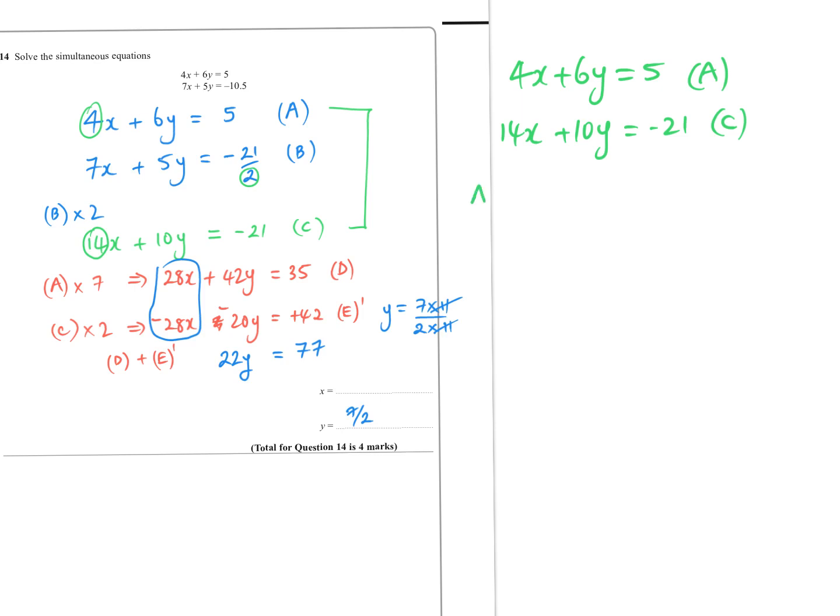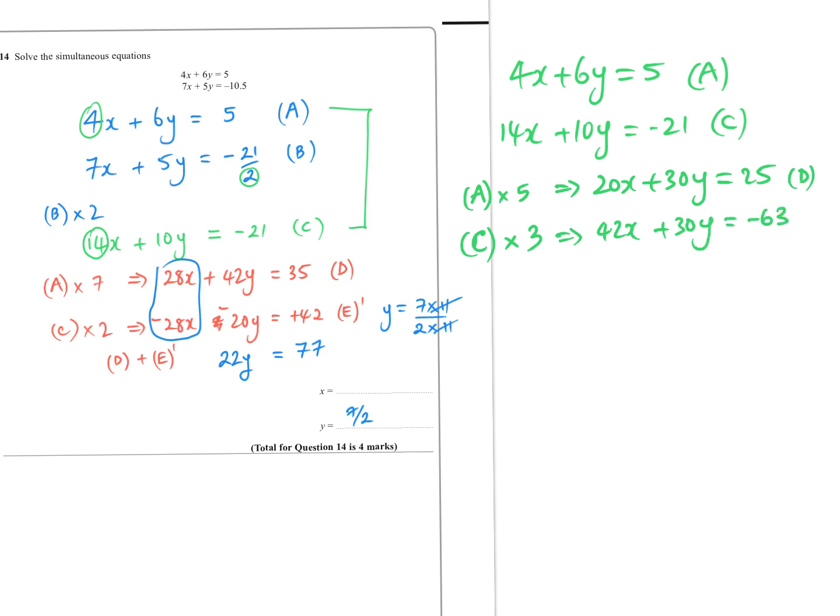So I'm going to do that. So A times 5 and C, the bottom one, by 3. So the top one by 5 is 20x plus 30y equals 25. I'll call that D. And then C by 3, that will be 42x plus 30y equals minus 63.